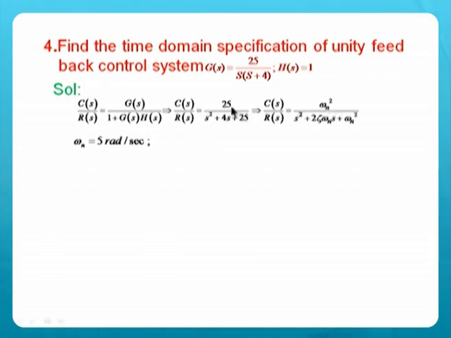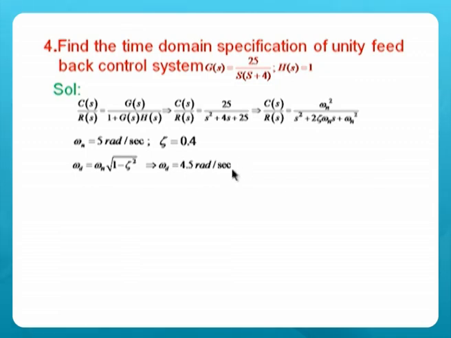And zeta is to be obtained from the middle term in the denominator, that 2 zeta omega n is equated to 4, and you get zeta equal to 0.4. Now once you know omega n and zeta, you can calculate damped natural frequency using this formula, omega n under root of 1 minus zeta square, and omega d you get 4.5 radians per second.